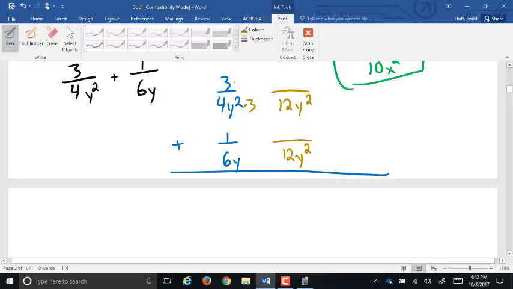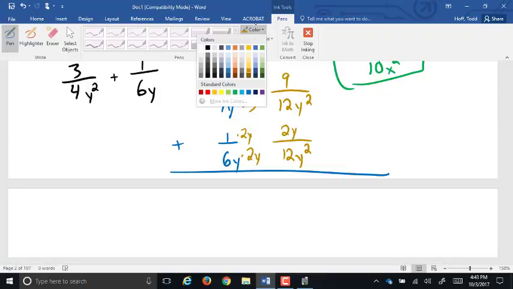Times 3. Good. So we do 3 times 3 to make 9. So it's 9 over 12y squared. What do we do to this 6y to turn it into 12y squared? Multiply by 2y. So 1 times 2y is 2y.